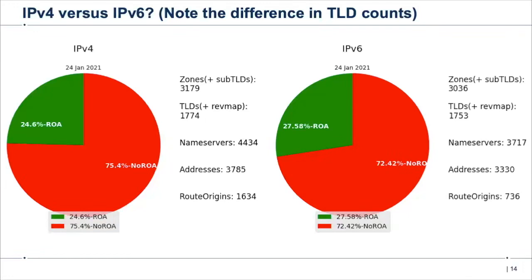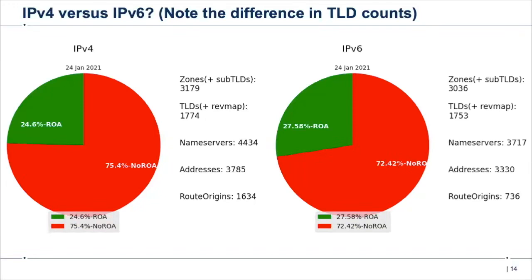And when I'm writing my software, I'm not that good at it, sometimes I make mistakes. But in this case, what stands out is the number of TLDs. There are 1,774 TLDs counted for v4, but 19 fewer for v6. I went back and trawled through some data out there, and I found out that's true, that there are about 19 TLDs out there that still don't have IPv6 servers, which is surprising to me, but not part of what I was studying here.